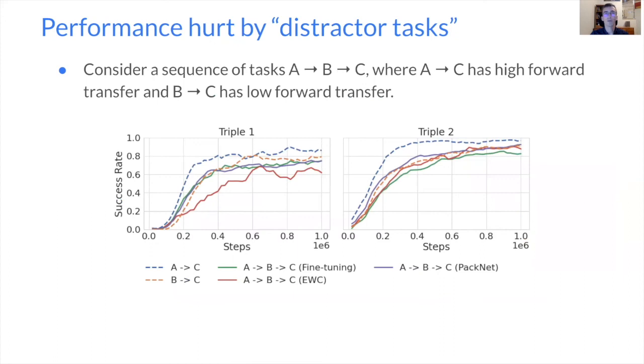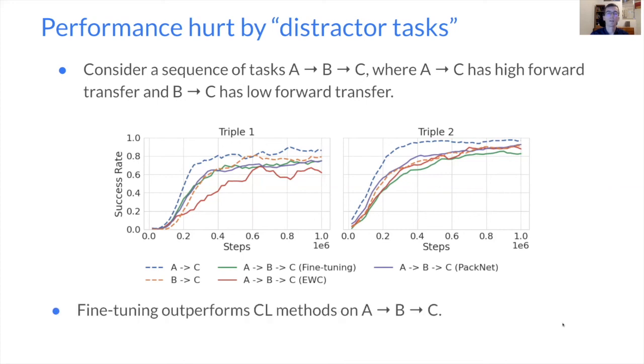Another issue is the so-called destructor problem. Here we examine toy problems consisting of triplets of tasks. We examine sequences of tasks A, B, C, where the sequence A to C exhibits high transfer, and there is low transfer from B to C. And we are interested in the final performance on task C. So ideally, we would expect continual learning methods to perform well here and be able to remember and reuse information from task A, whether there is task B in the middle or not.